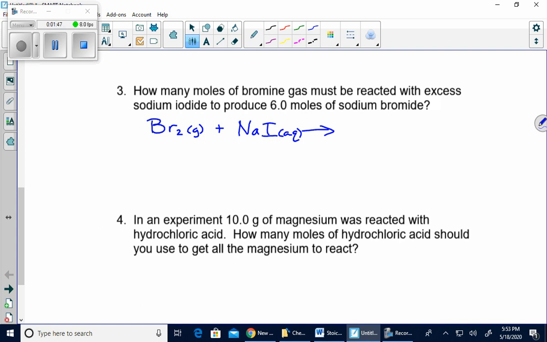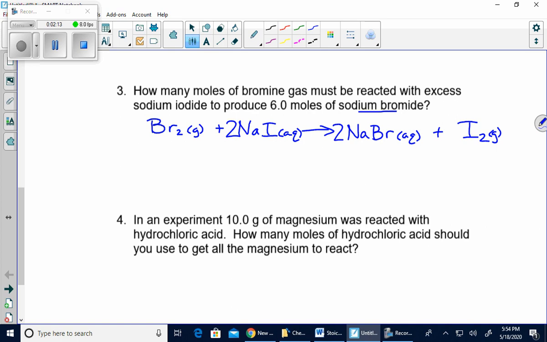So this is a single displacement reaction, but it already tells you you're going to get sodium bromide, and that means I would have iodine left over. Okay, balanced equation. So I have to put a coefficient of 2 in front of the sodium iodide and the sodium bromide.